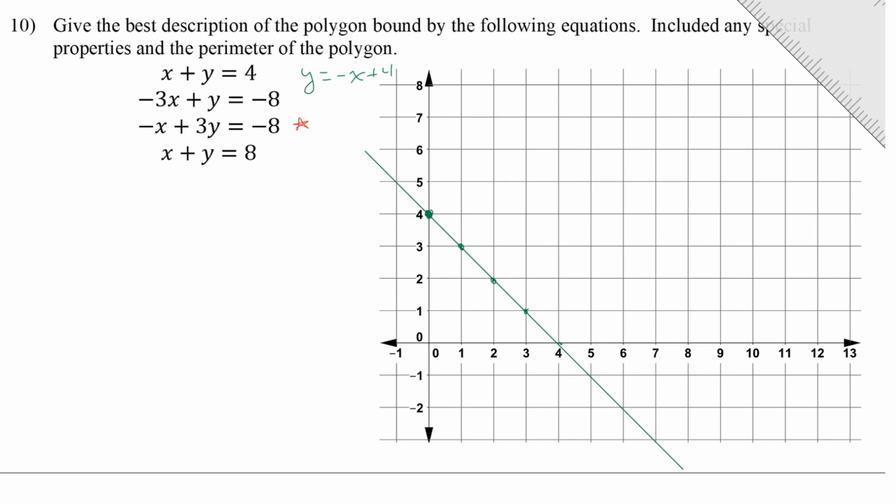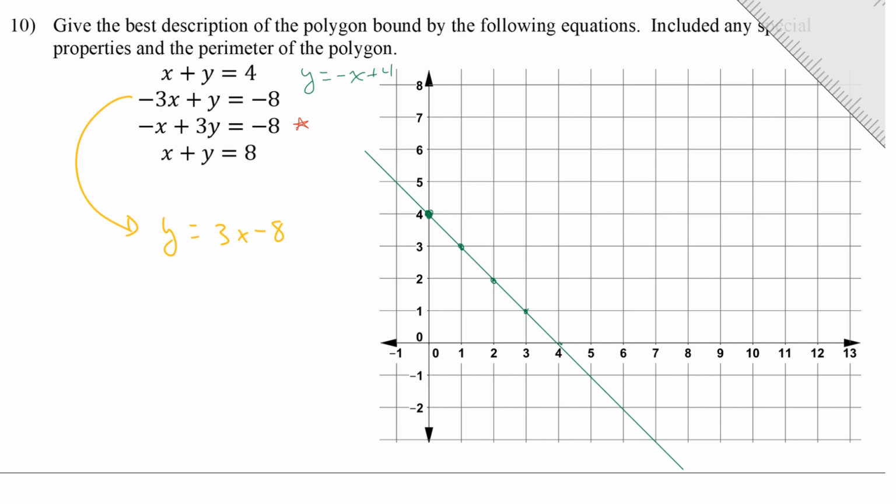Let's take a look at the next one. Let's see, I'm going to add 3x to both sides. So y is equal to 3x minus 8, right? One of the things is like, oh shucks, I don't see where I can plot the y-intercept right there because -8 is not visible.